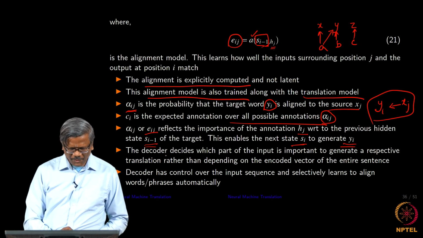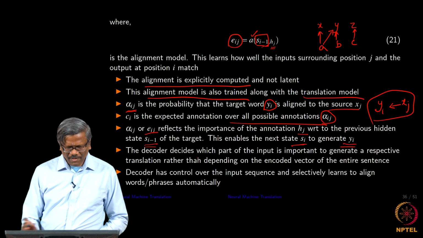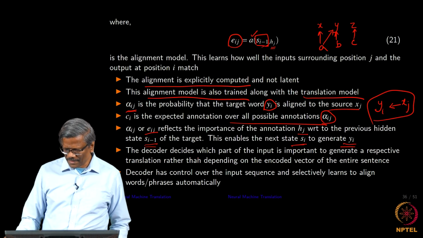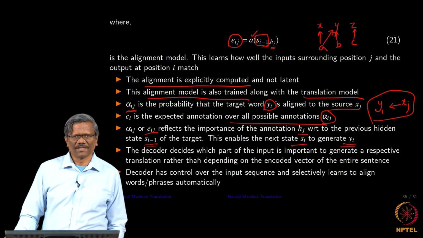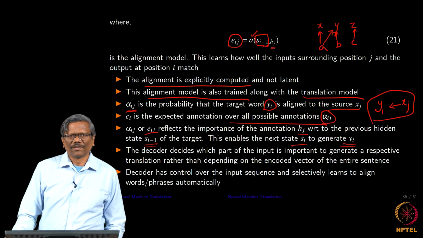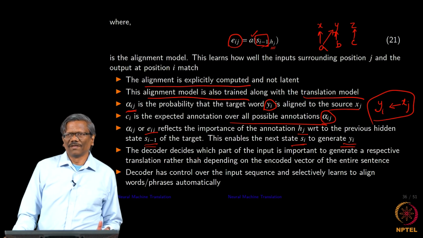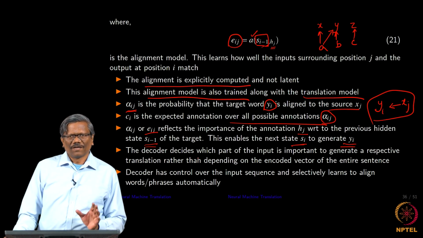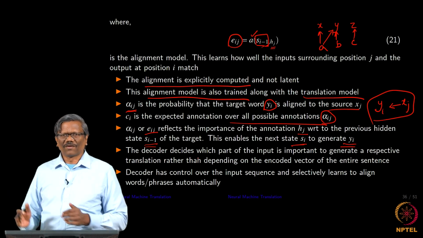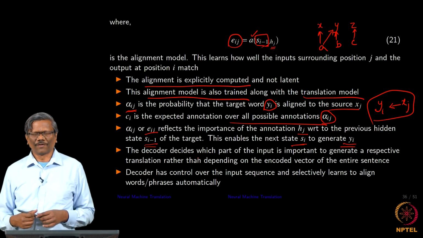So, during the training, the decoder decides which part of the input is important to generate the respective translation, rather than depending on the encoded vector of the entire sentence, right. So, in the model that we saw earlier in the previous session, we need to have the entire context available for you to do the decoding.